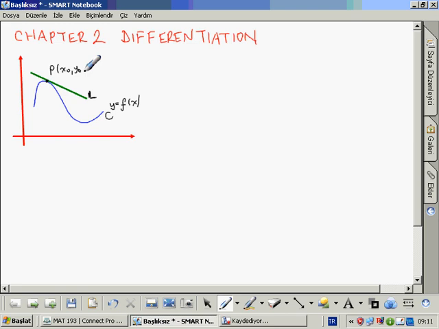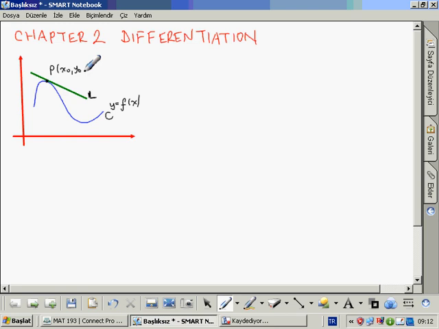For simplicity and to avoid certain problems, and the best postponed until later, we will not deal with the most general kinds of curves now, but only with those that are the graphs of continuous functions. Let the C curve here be the y equals f of x function.